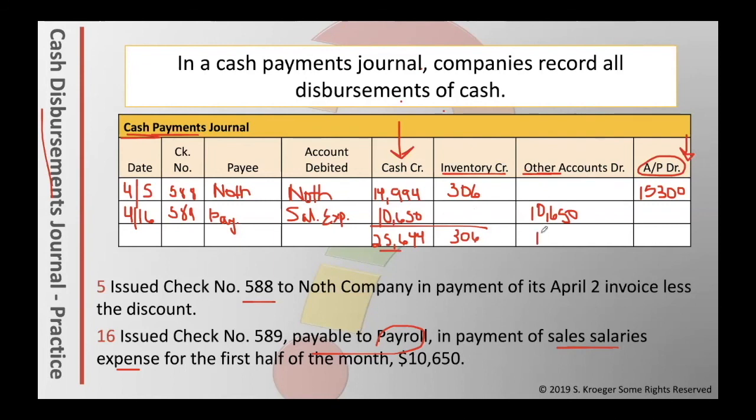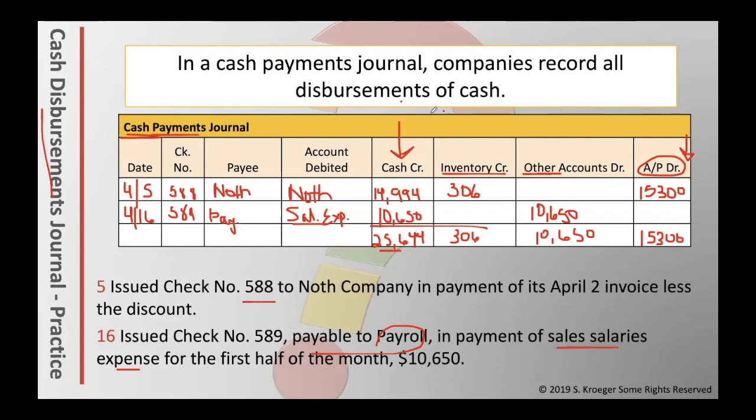Other accounts is the $10,650. We would make sure to look at the account on the side, which would be salaries expense, update that account. And lastly, accounts payable debit. We would need to make sure the subsidiary ledger account for North is updated, and then the control account is also updated. Those are the 4 special journals.